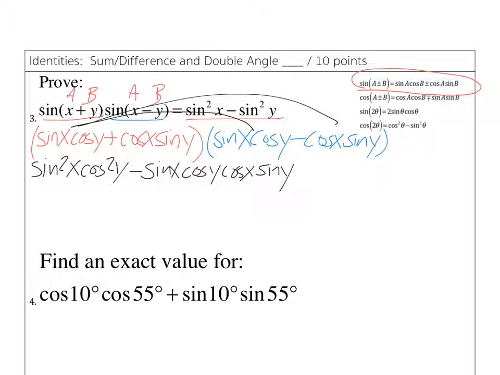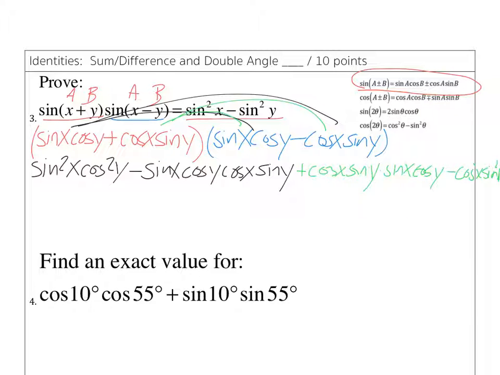That's a handful. I'm going to do some more distribution. I'm going to change colors. We're going to have plus cosine x sine y times sine x cosine y. And then finally, that's going to be minus cosine squared x sine squared y.